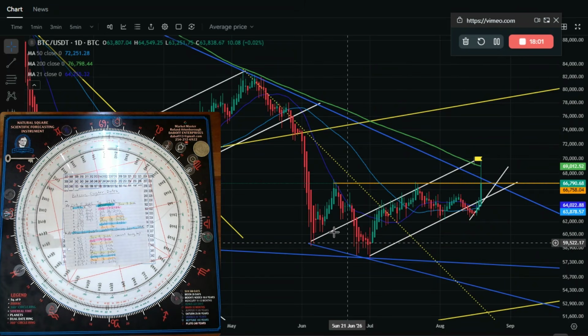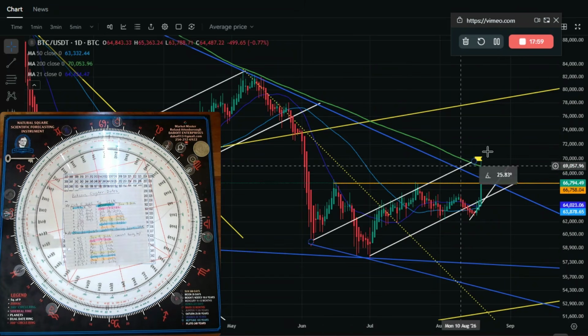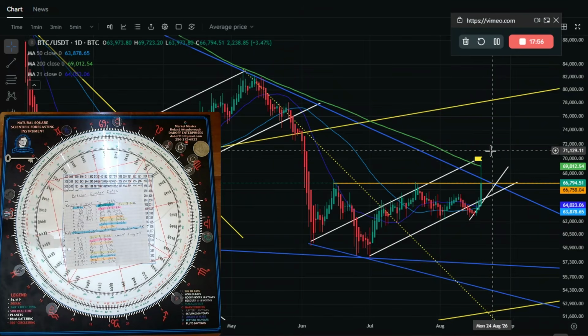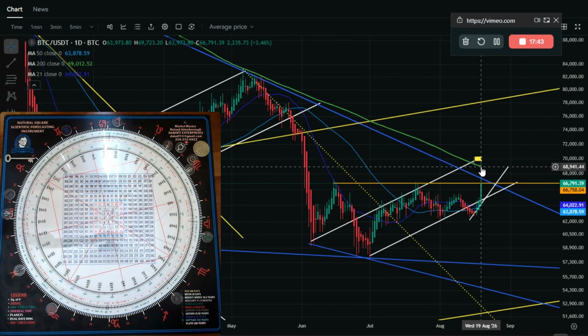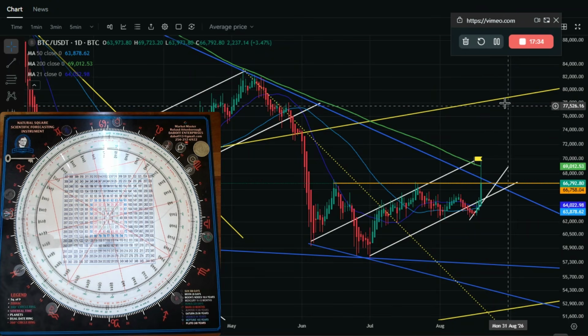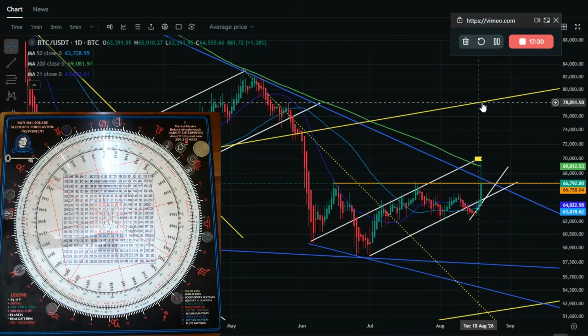We're in a bear market rally right now, and it looks like we're about to top out. If this market does not get above the 66, 68, and particularly above the 200 moving average, then we would have a major failure. We would have to get above this to move back up into these high priced areas of this 78.